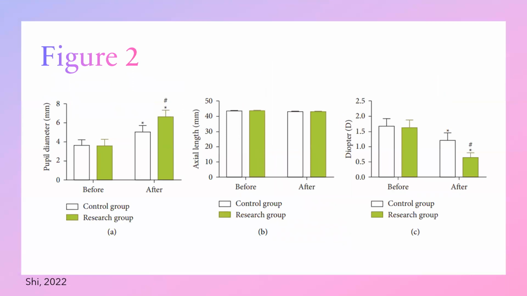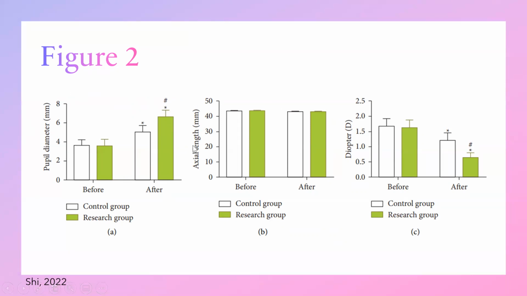When we take a look at figure 2, there are 3 measurements that were taken before and after treatment. When looking at graph A, we are looking at pupil diameter measurements. Before the experiment, both control and research groups were similar. But after, you can see a significant increase in both groups, with the research group having the more significant increase.